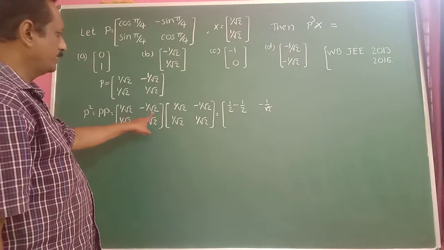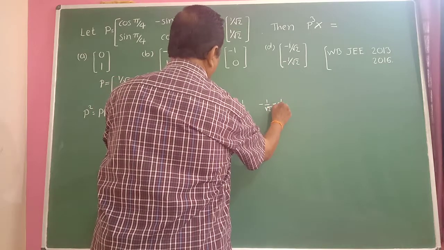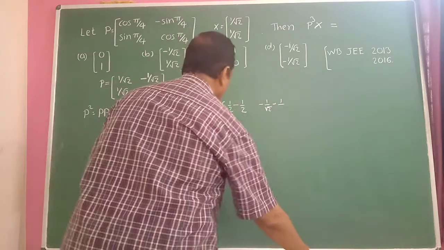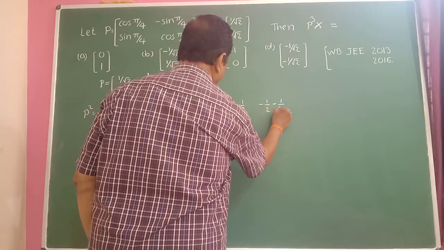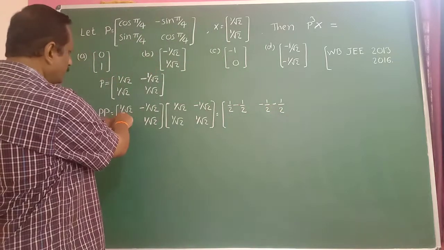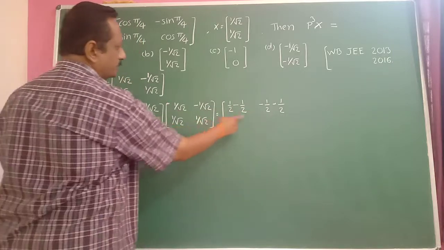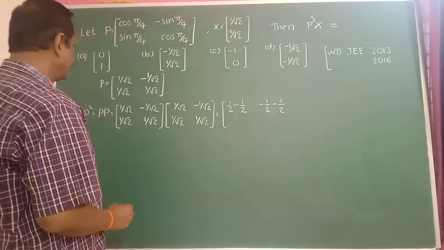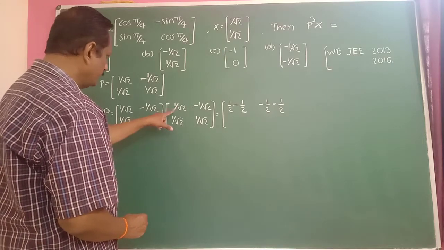Then minus 1 by root 2, 1 by root 2, minus of 1 divided by root 2. Okay, because 1 by root 2 into this one, minus 1 by 2, this into this becomes 1 by 2, minus 1 by 2. Then multiply this with the column, this one. Multiply this column with this column.